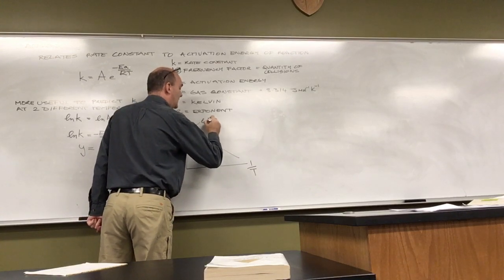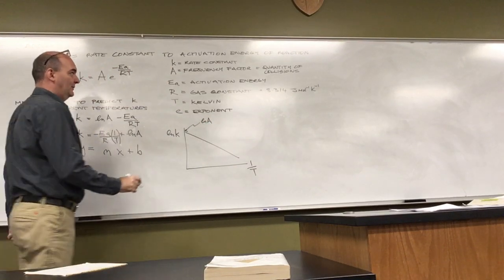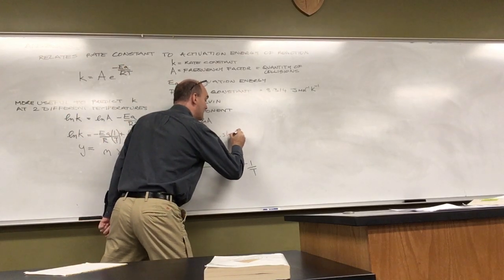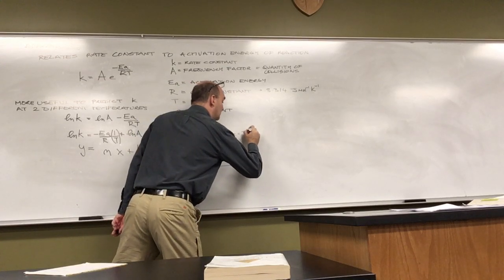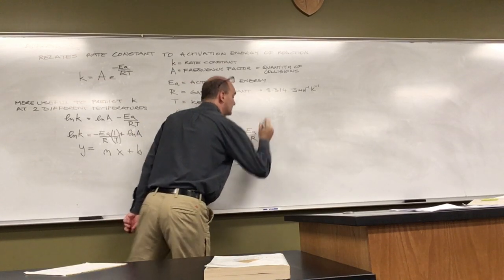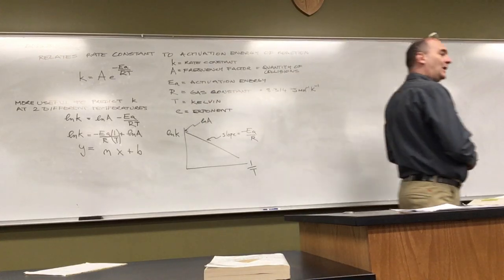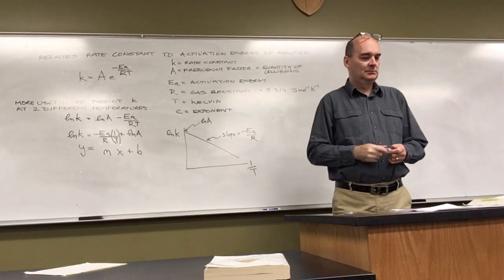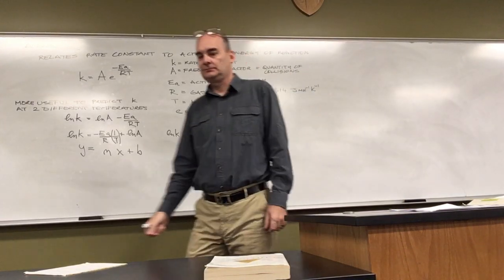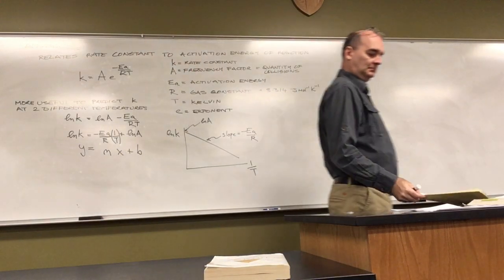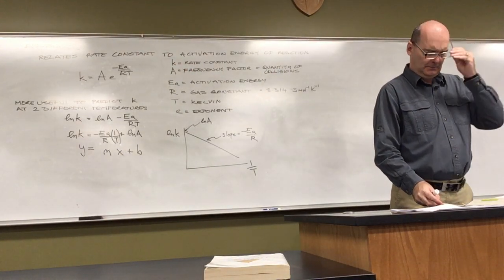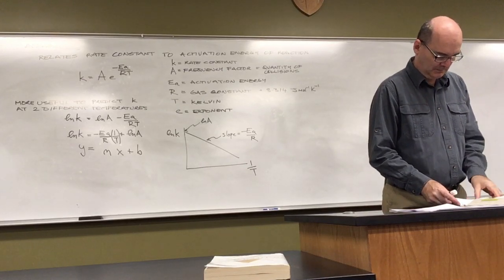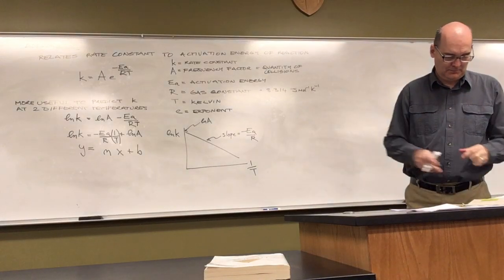There, right there is the natural log of the collision factor, the frequency factor, and my slope is the activation energy of the reaction divided by the gas constant. Okay, that's useful.